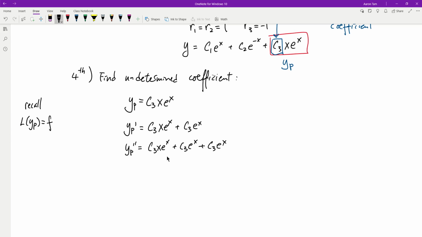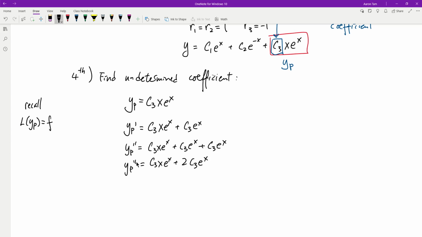The first 2 terms come from the first term in y sub p prime using product rule, and the last term comes from the second term of y sub p prime. Notice these 2 terms combine, so I can say this is equal to C3 x e to the x plus 2 C3 e to the x.